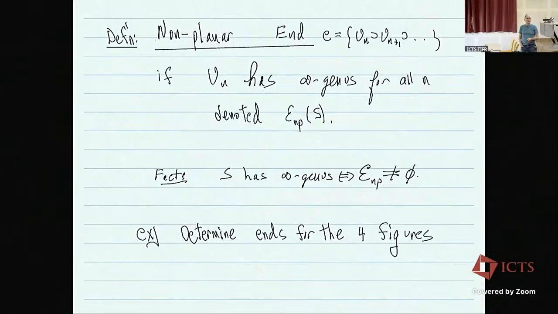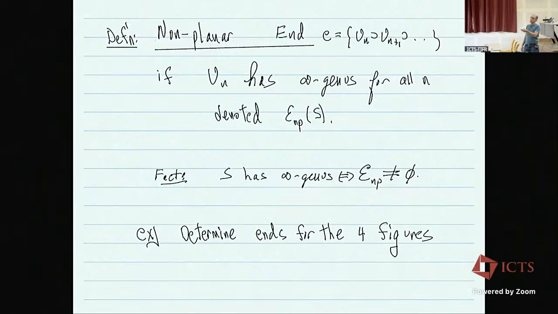So there are special kinds of ends, which are called non-planar ends. Okay, so what's a non-planar end? The end is associated to this nested sequence of Un's. If all the Un's in the nested sequence have infinite genus, then it's a non-planar end. So in other words, no matter how far out you go in the end, you see an infinite amount of genus.